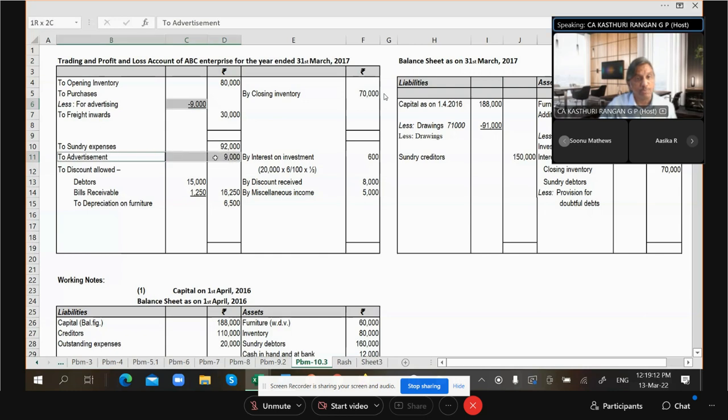Advertisement expenditure should be taken to the P&L and deducted from purchases, because they are using some goods for advertising purposes. So purchases have to reduce. Double effect: advertisement account increases, purchase account decreases. Next.